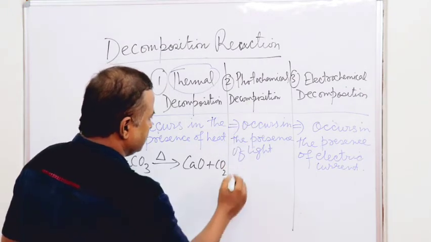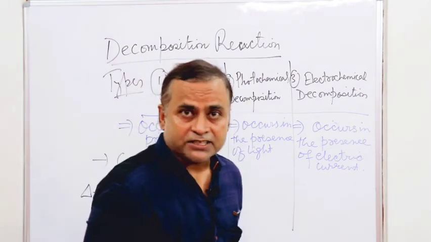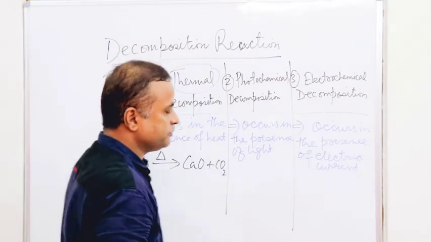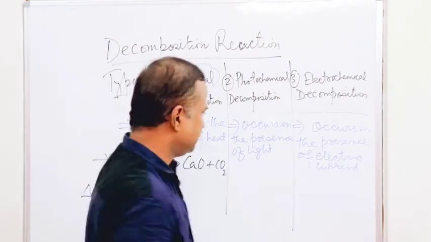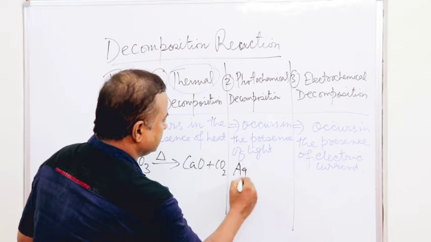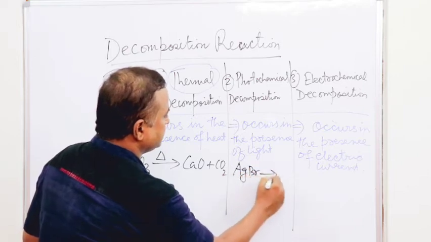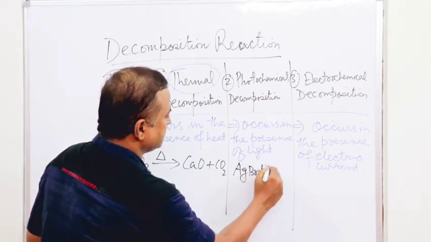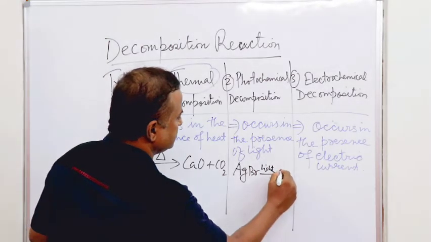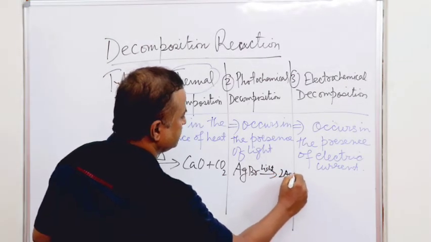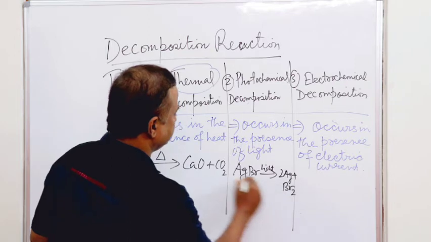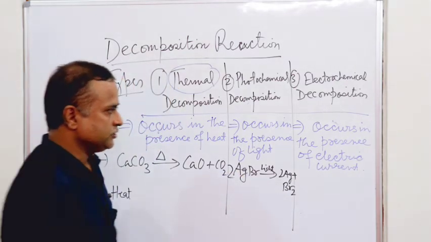Now this photochemical decomposition, the word photo means light. That is why we say it occurs in the presence of light. So suppose silver bromide. In presence of sunlight, it breaks into 2Ag plus Br2. So this is a photochemical reaction.